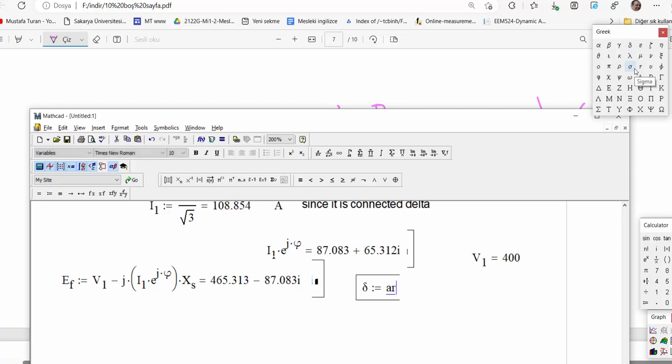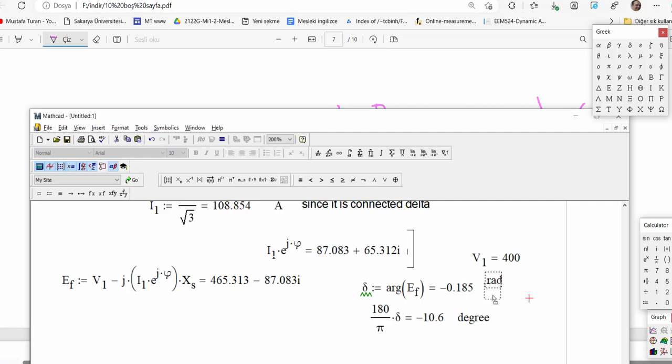It is argument of EF. Such a radian. Houston, it is negative. Yes, it is negative because machine is operated as a motor. In motor it is negative, so it was radians. So let's convert it into degrees. That is degrees. That is radians.